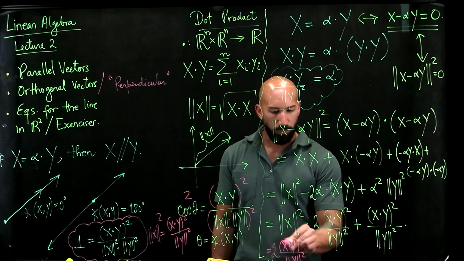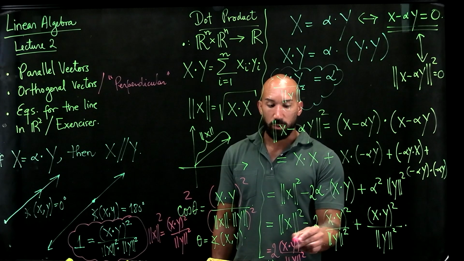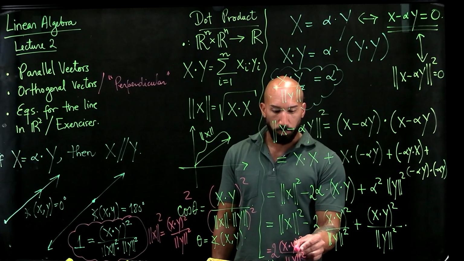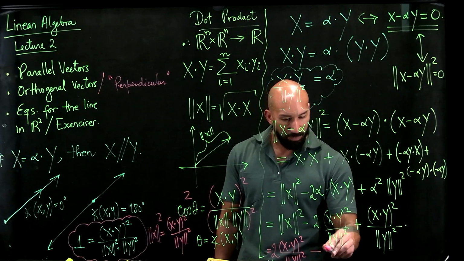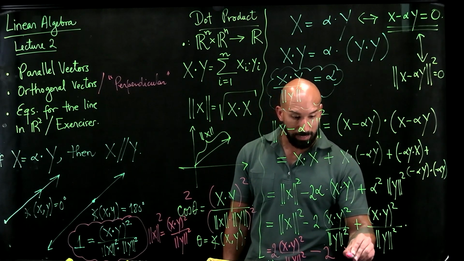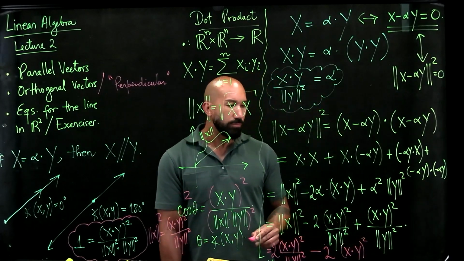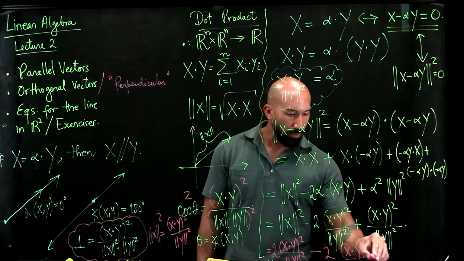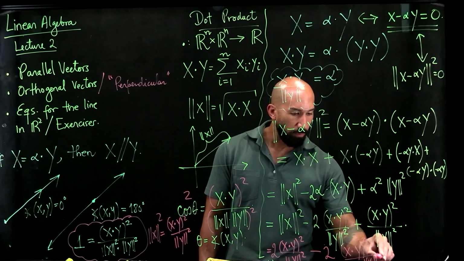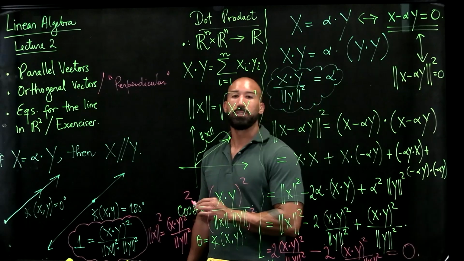So if I combine this with this, I'm gonna have 2 times the square of x dot product y divided by the square of the magnitude of y, and here I have now minus 2 times exactly that, and now obviously this is gonna be 0.